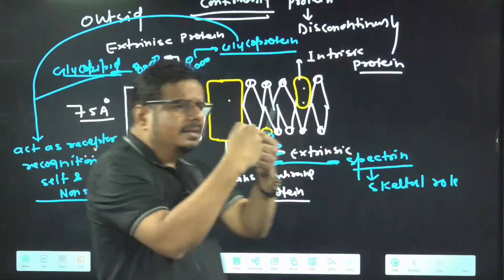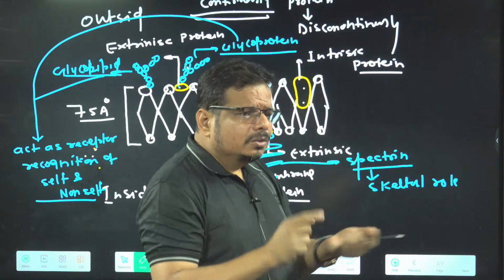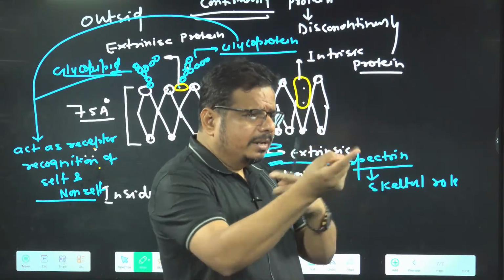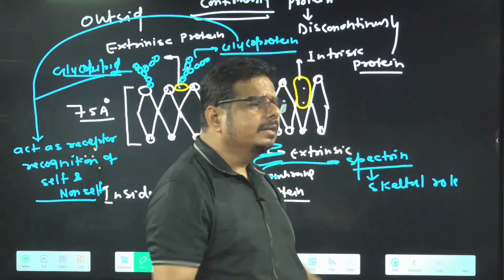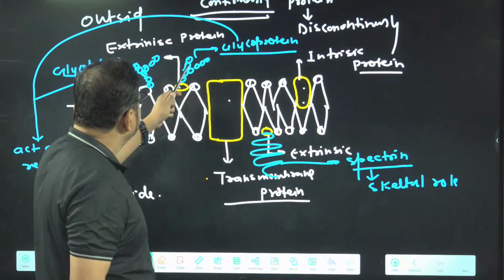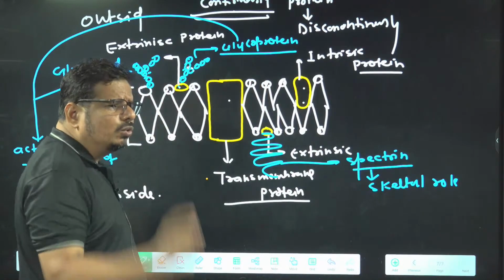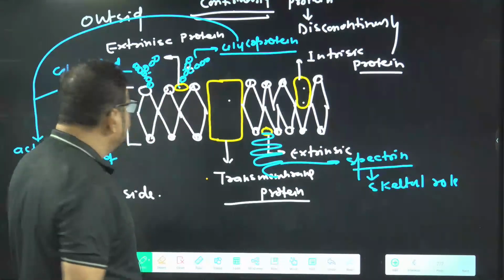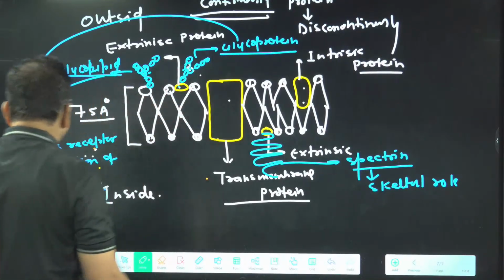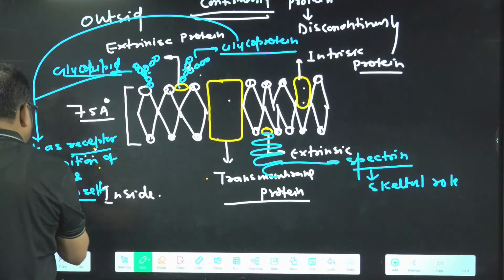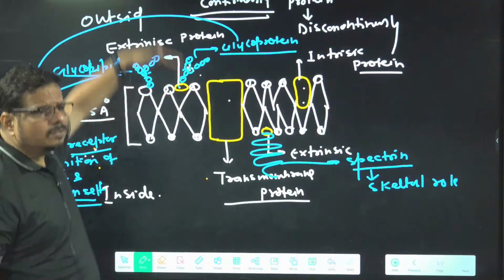When fertilization occurs, recognizing whether the sperm is of the same species or a different species is done by glycoprotein and glycolipid. Insulin receptors are also these glycoproteins and glycolipids. So they act as receptors, recognize self and non-self, and are always present toward the outer side.